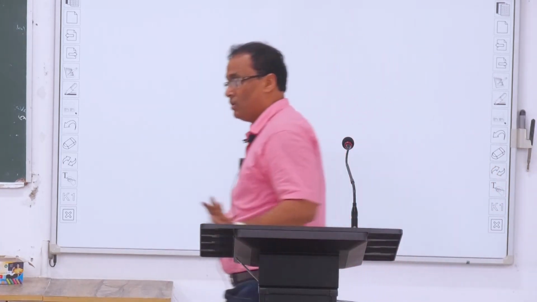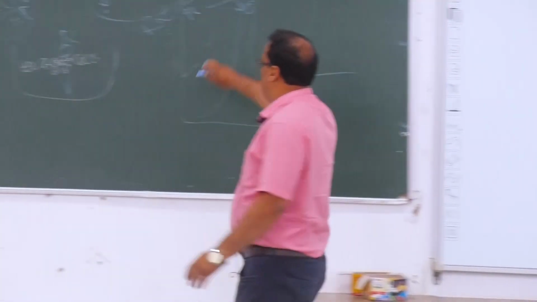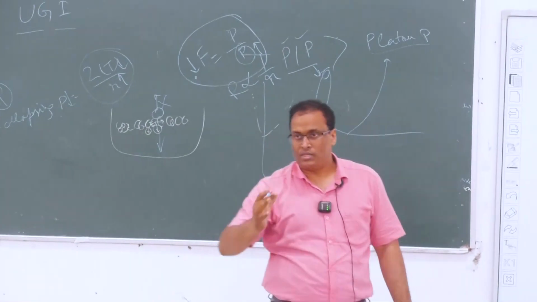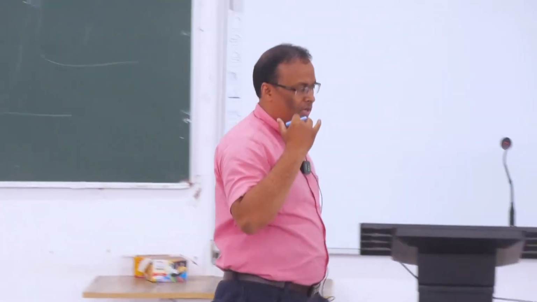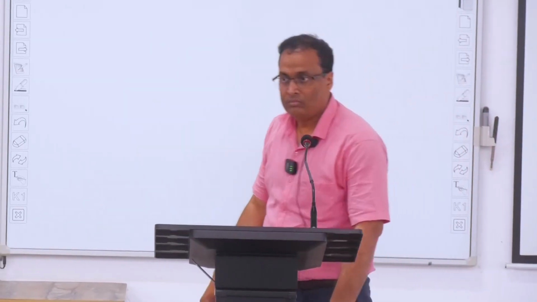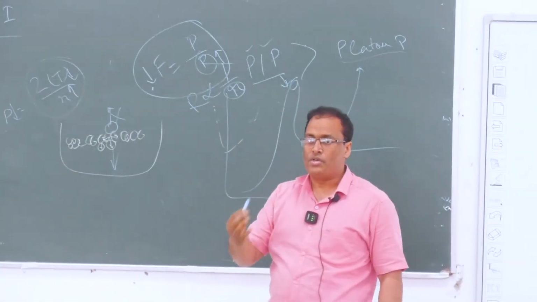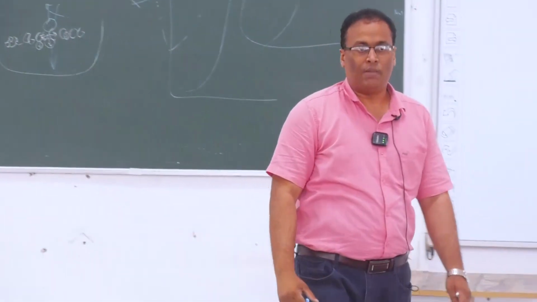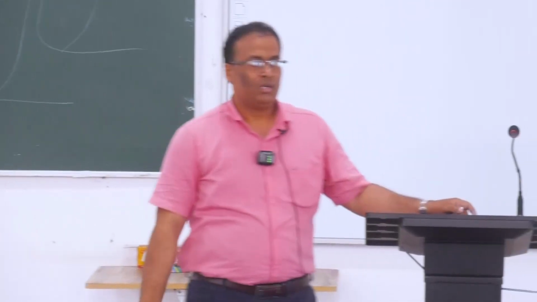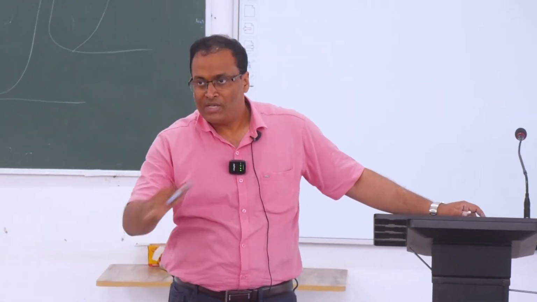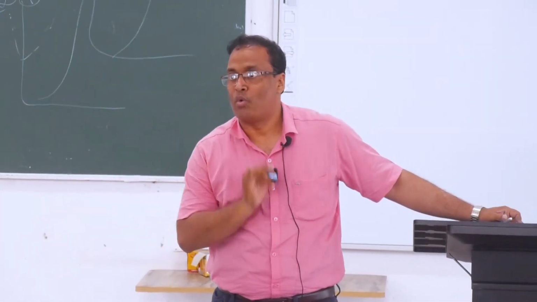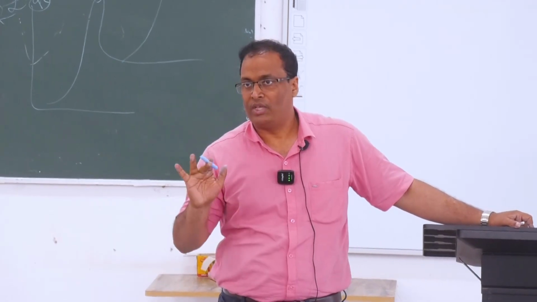Whenever we are dealing with a bronchus, the single radius is enough. But whenever you are considering the bronchioles, then the bronchioles altogether, the summation of the radius is important. That is the main thing.